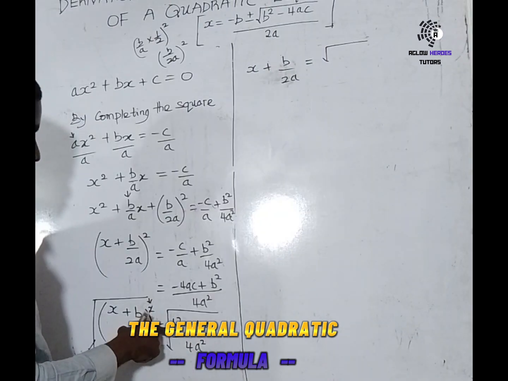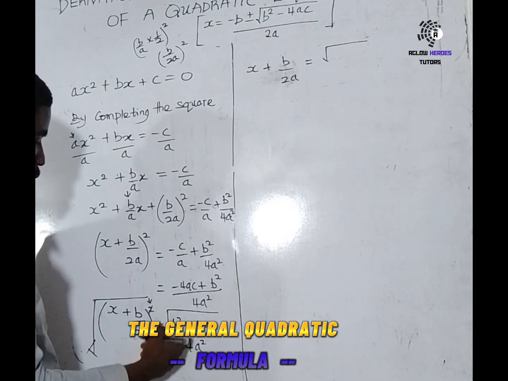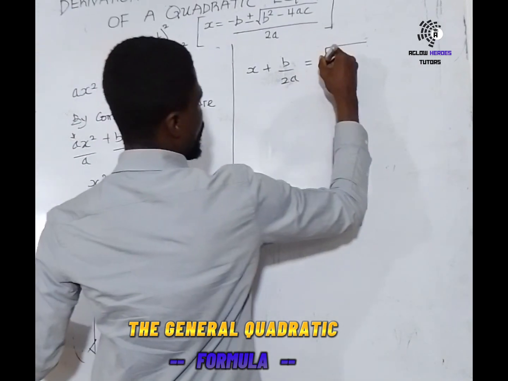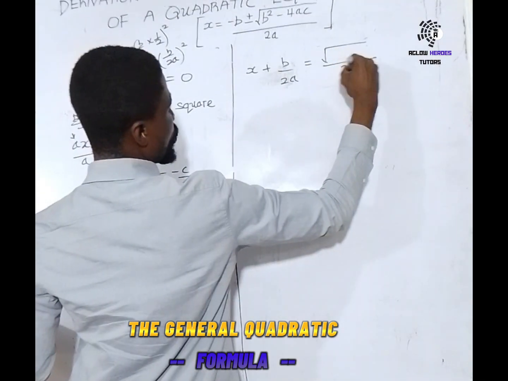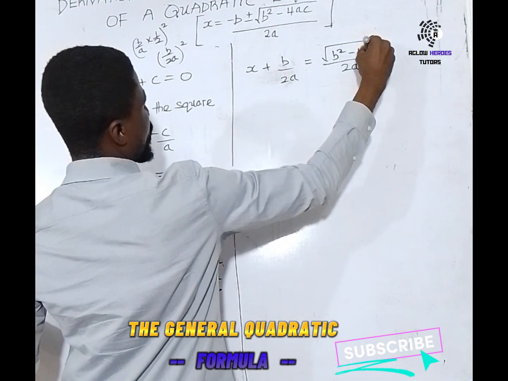It's only the denominator that is a perfect square, and the numerator will still carry the square root sign. So we just look for the square root of the denominator to give us 2a. So what is up there is the square root of b squared minus 4ac.